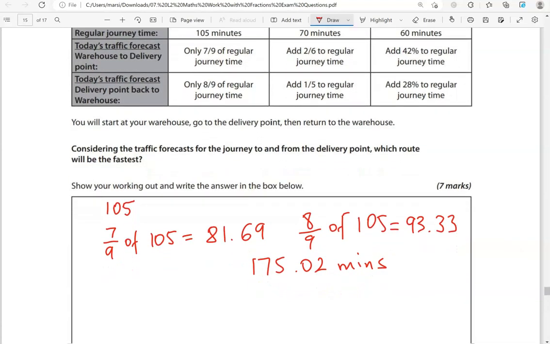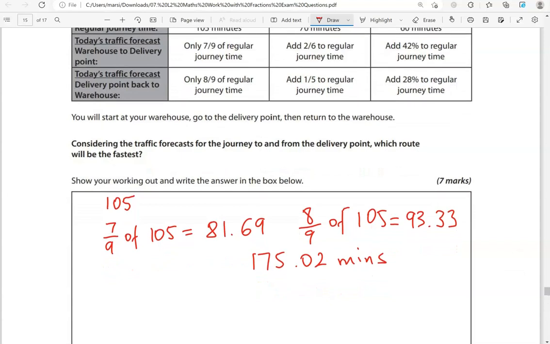So 2/6, add 2/6 to regular journey time.